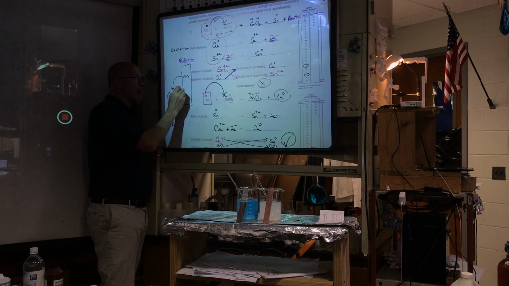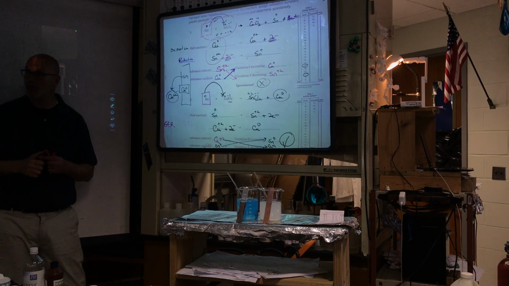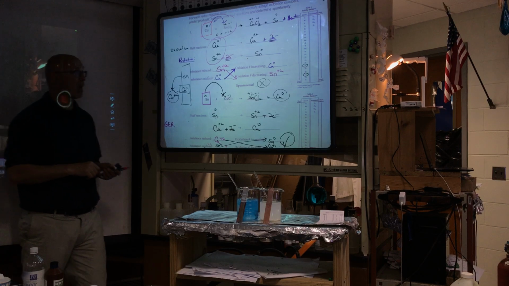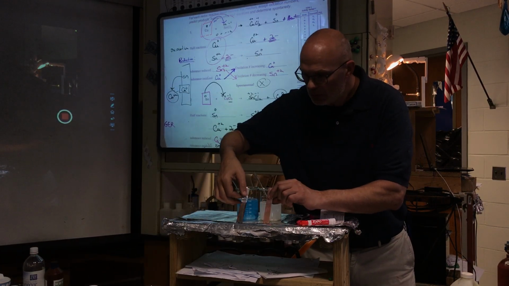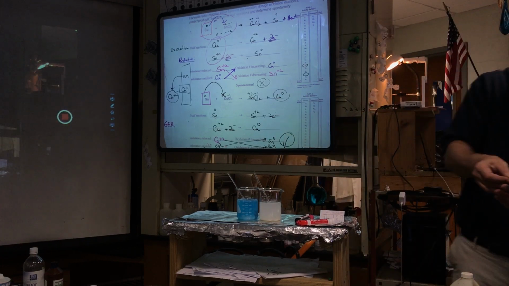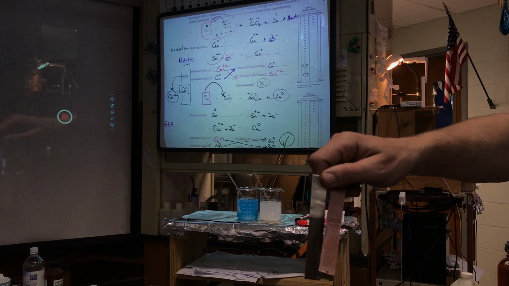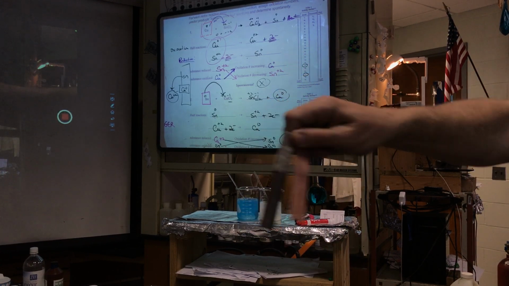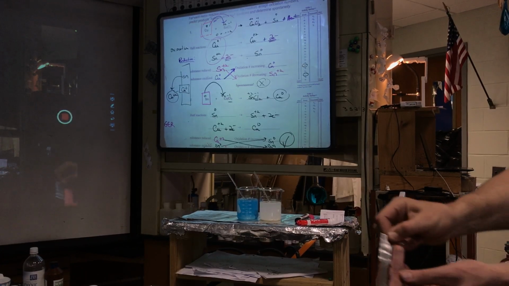And it became copper 0, which is the solid form of copper. Anytime copper or metals are 0, it's the solid form. So you should be able to see that we have a buildup of copper on the shiny tin.